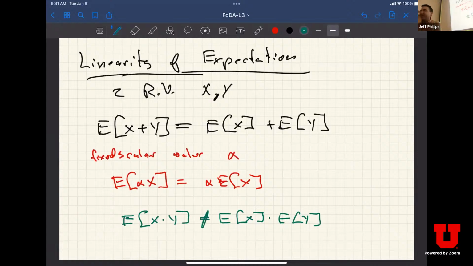Important, so I almost missed that. This is not true in general, so I can't decompose by products, but by addition I can. A common mistake in doing derivations, trying to understand probability, is to do this. So this is something you want to avoid.